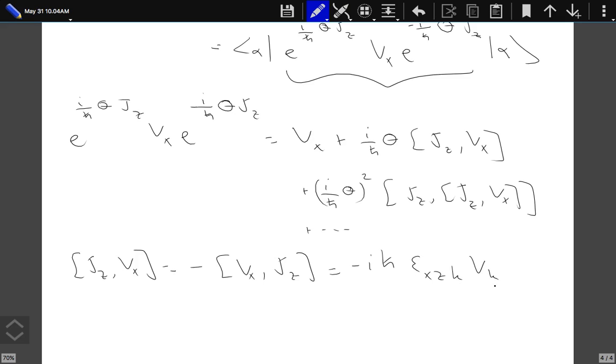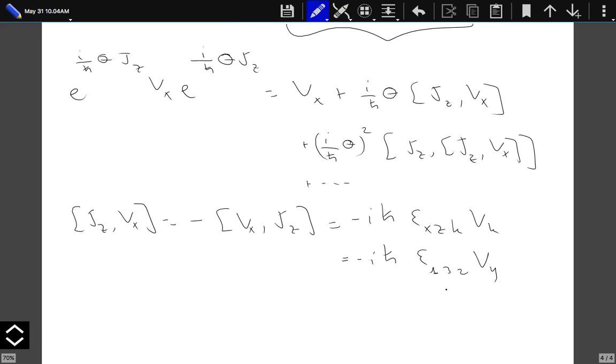But k has to be y, the only non-zero component. This is minus i h bar epsilon 132 Vy. Well, this is minus i h bar Vy, with the sign of epsilon 132 being minus one.